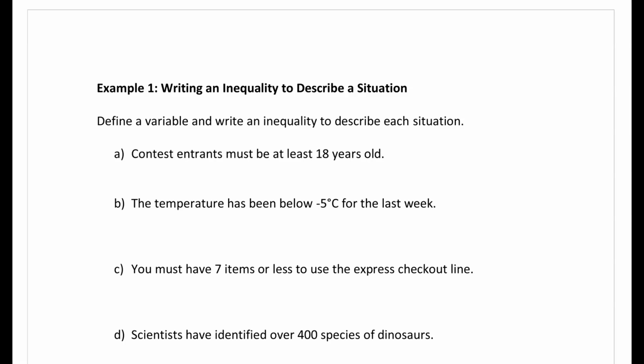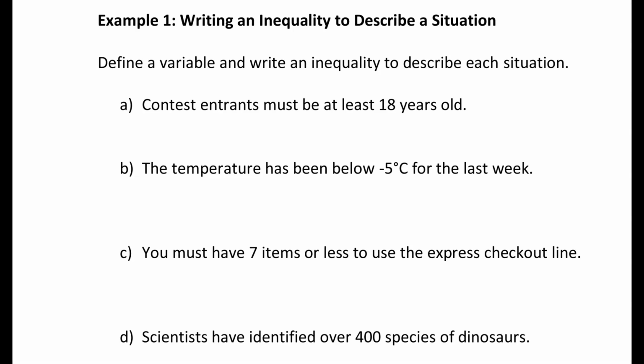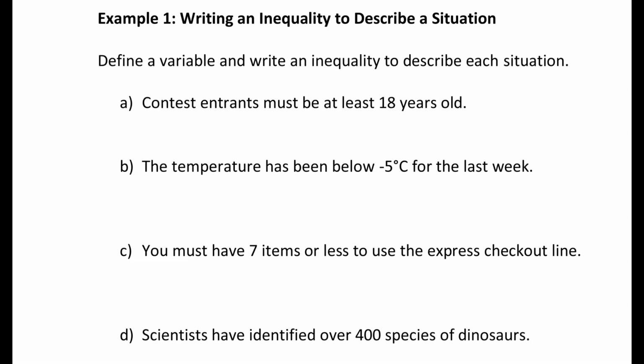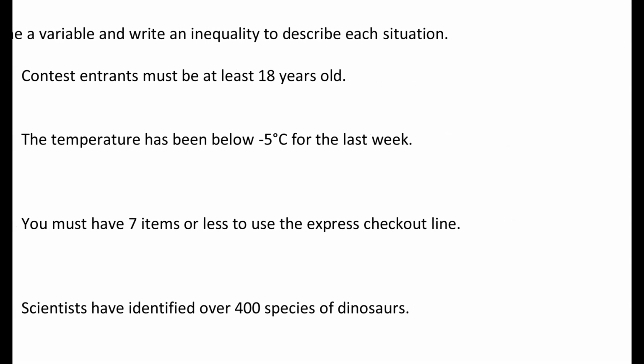Now we'll flip over to the next page and we're going to be looking at example 1. So example 1 says write an inequality to describe a situation. Define a variable and write an inequality to describe each situation. A says contest entrants must be at least 18 years old.